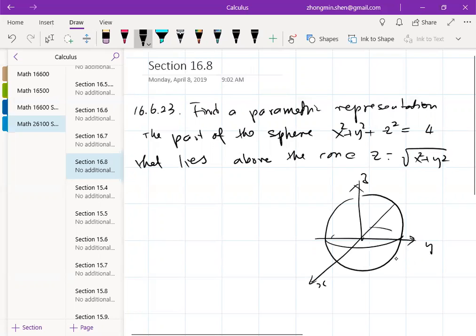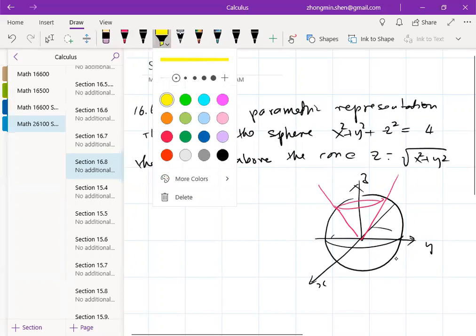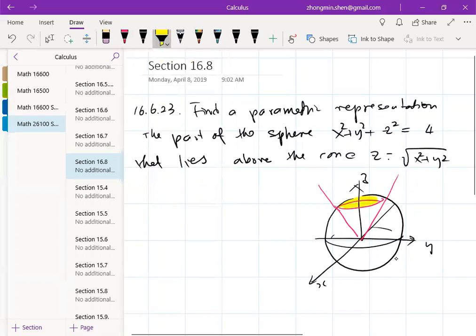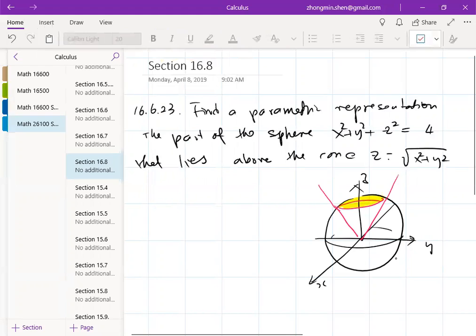The cone, how does a cone look like? The cone looks like that. So you are talking about this portion of the sphere, right? By above, above the cone. It's not the portion below the cone. So this is the portion.